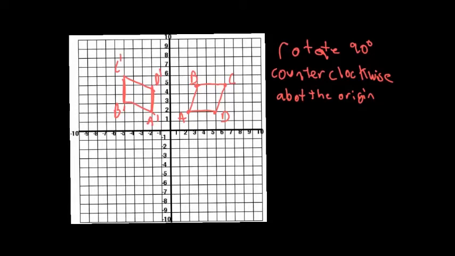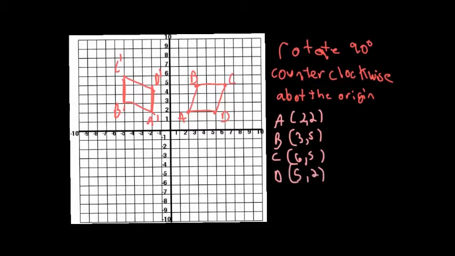So let's look at what happened with our numbers. First we started out with A, B, C, and D. Let's put those coordinates in. A was 2, 2, B was 3, 5, C was 6, 5, and D was 5, 2.